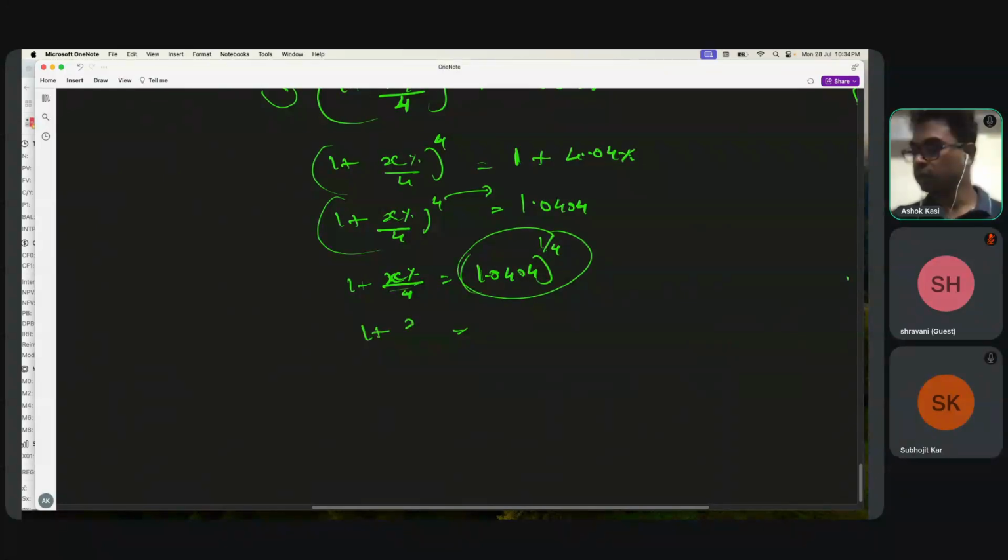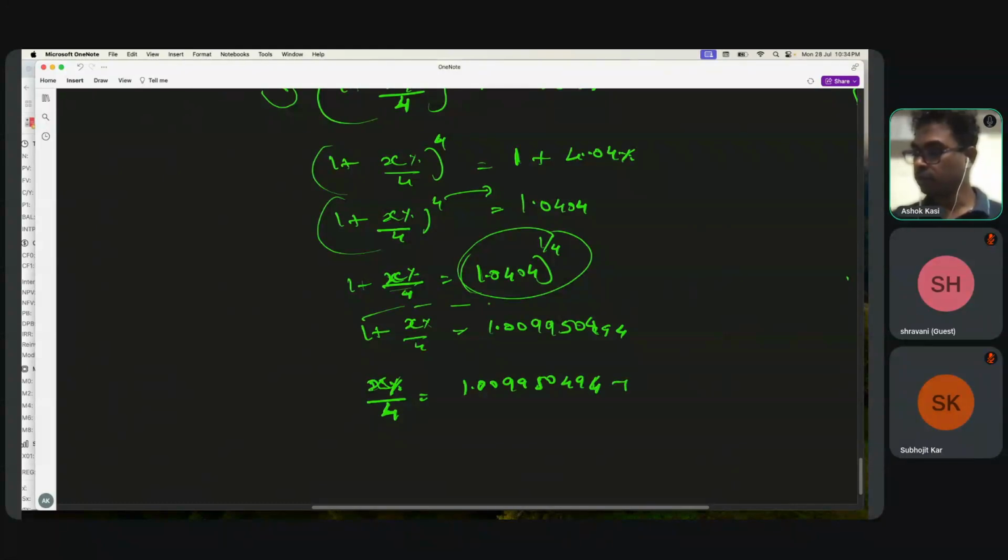How much is it? That is 1.009950494. It's a big number. Then x percentage divided by 4 is equal to 1.009950494 minus 1.